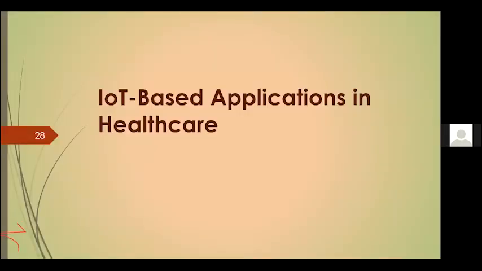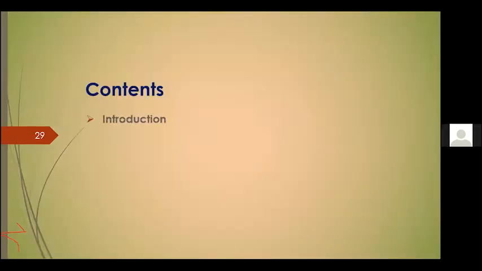So now we will lead our discussion to IoT based applications in healthcare. In this context, we'll have firstly the introduction of the domain, followed by the architecture of healthcare IoT.